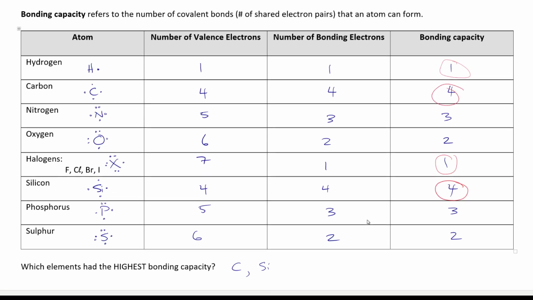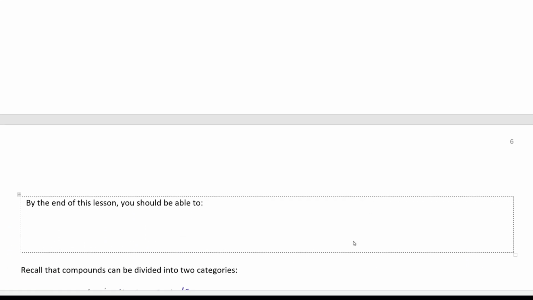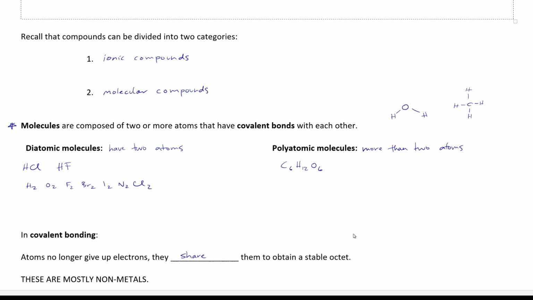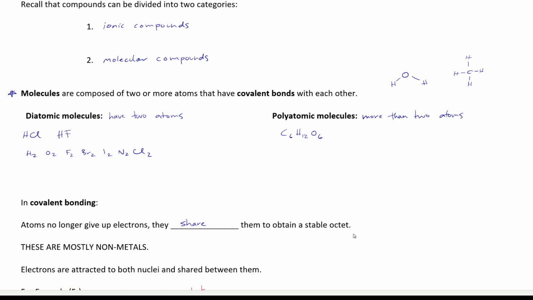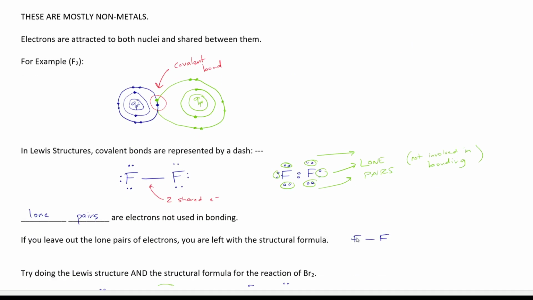Okay, so let's take a look at what we've looked at so far. Go back to the learning expectations. Okay. We looked at the 2 types of compounds, ionic and molecular. We defined what molecules were. We showed how covalent bonds form with the sharing of electrons.